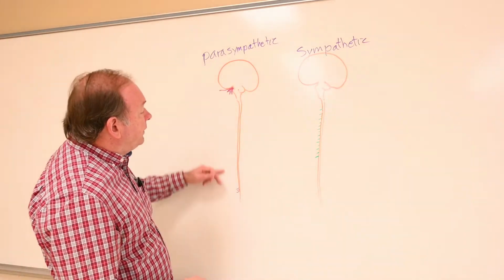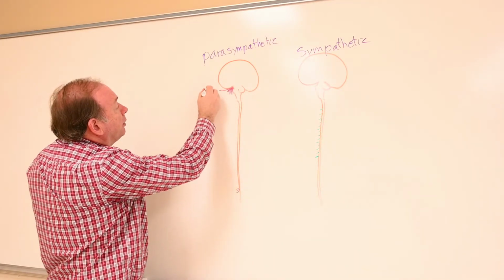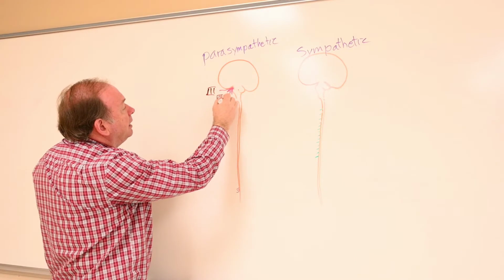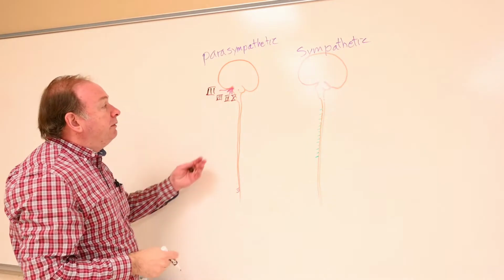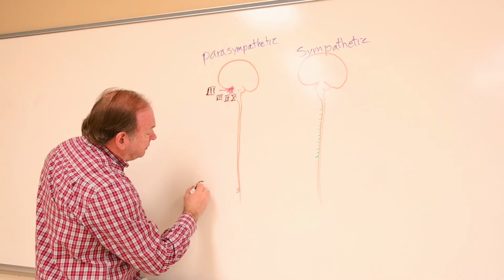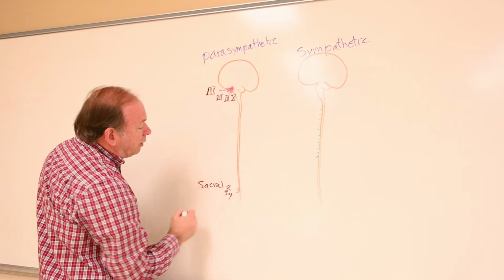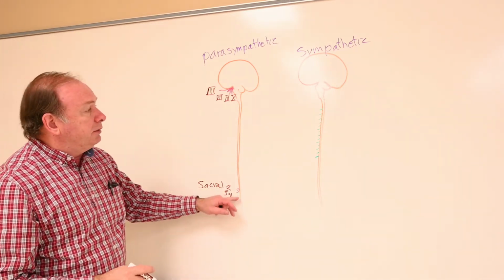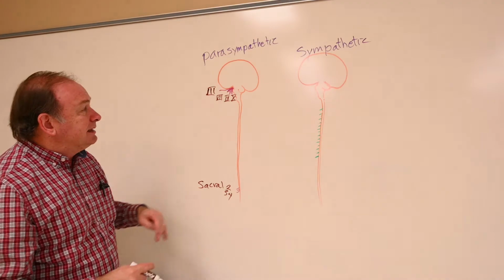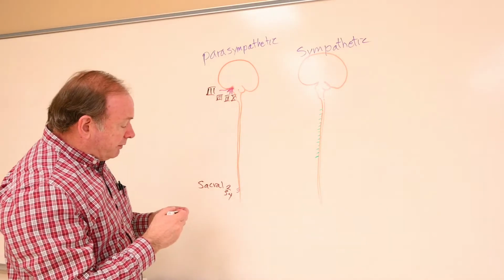First of all, the parasympathetic branch has cranial nerves number 3, number 7, number 9, and number 10 involved in sending their signals out here. Also down here, sacral nerves, sacral numbers 2, 3, and 4. These cranial nerves 3, 7, 9, and 10 and the sacral spinal nerves send out signals that bring about the parasympathetic effects throughout the body.